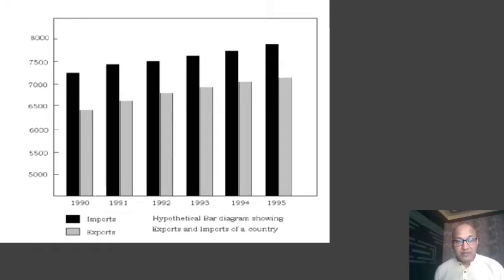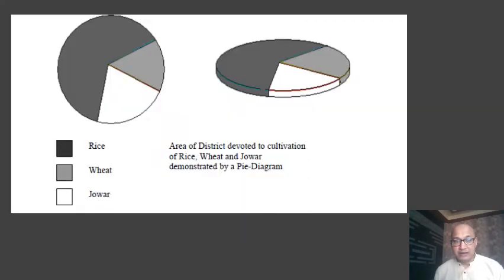Now in the next slide we will discuss pie diagram. This is an example of a pie diagram.